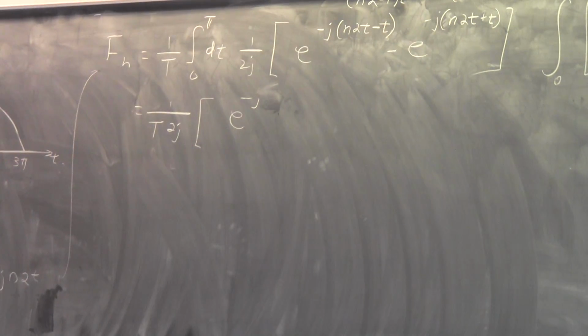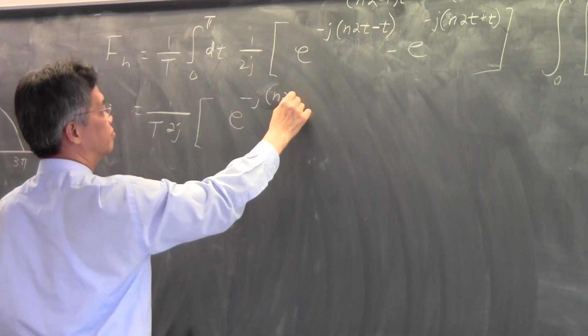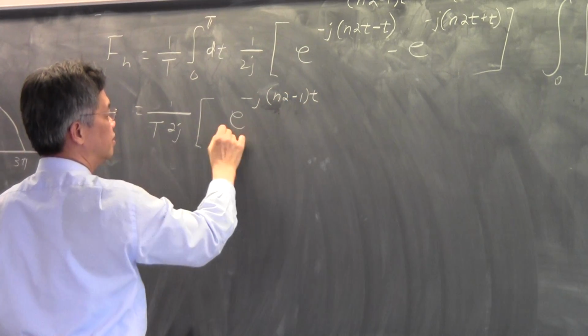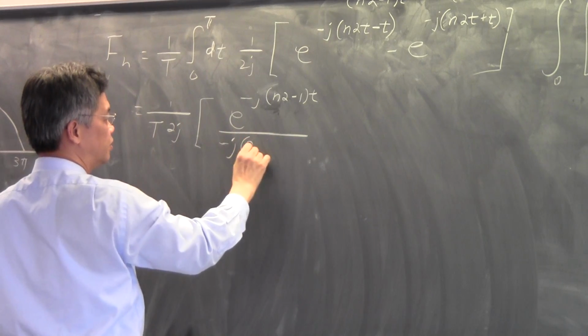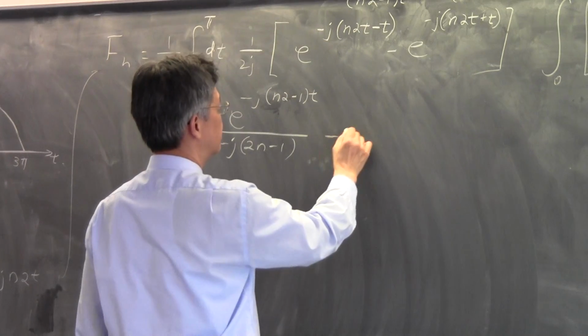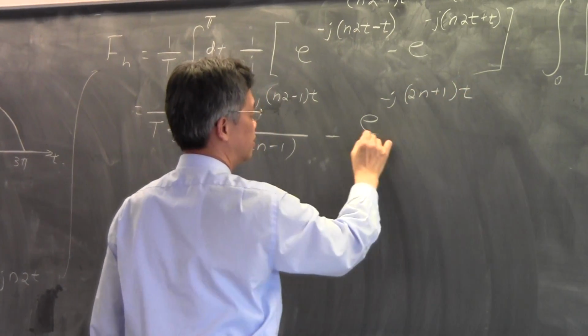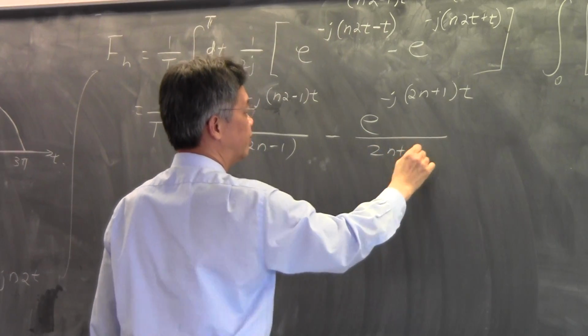So if I integrate the first term, I get e to the minus j (2n minus 1)t over minus j (2n minus 1), minus e to the minus j (2n plus 1)t divided by minus j (2n plus 1).